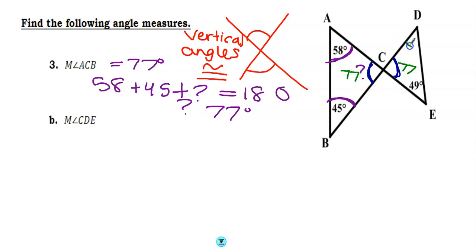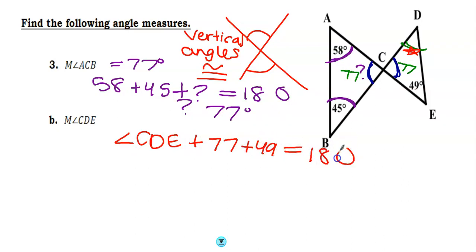So how do I find out what CDE is? Well, let's just call this one the star angle, angle D. Angle CDE plus 77 degrees plus 49, and I can figure out what it's worth.